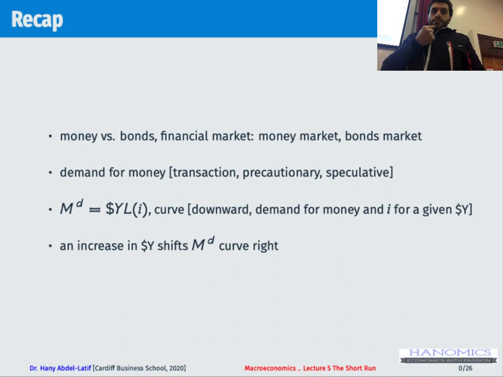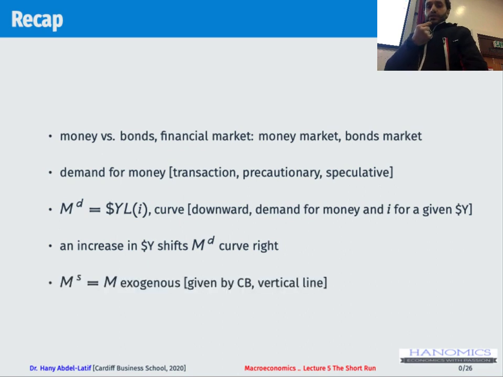If the nominal income increases, people will demand more money for transactions, and that will shift the demand for money curve to the right. I'm just recapping and highlighting what we covered last lecture.